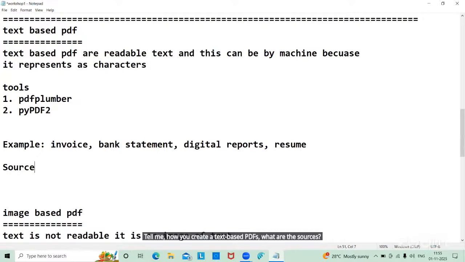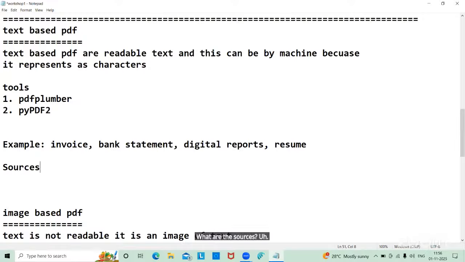Or PDF scanner. Now, what are the sources for preparing this?